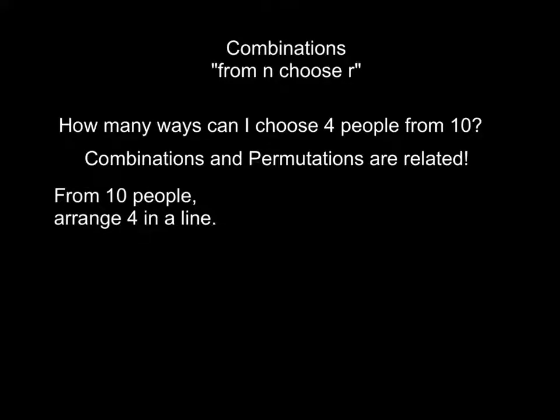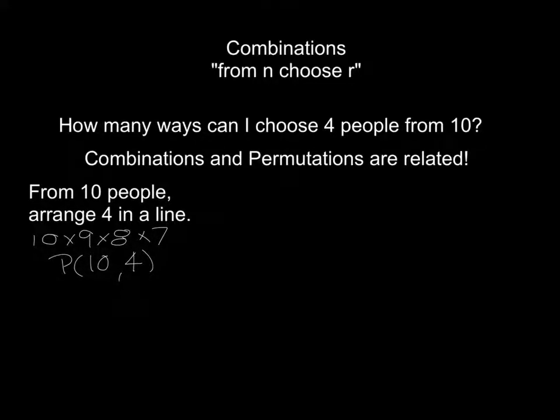The first stage we chose our first person, then we had 9 people left to choose our second person, 8, and then 7 people to choose our fourth person. So this is our P of 10, 4.